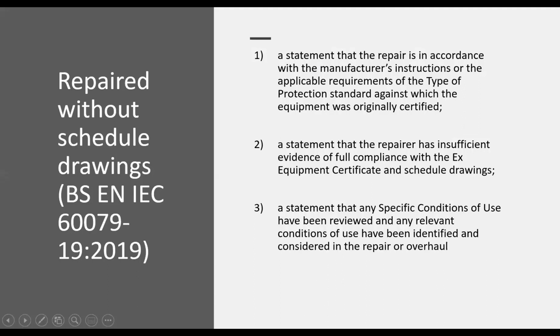If you are repairing without the scheduled drawings, your paperwork should contain this information. It is telling you that you are repairing without the drawings, that you're repairing to the standard it was manufactured to, and that you do not have full compliance with the certificate or the drawings.